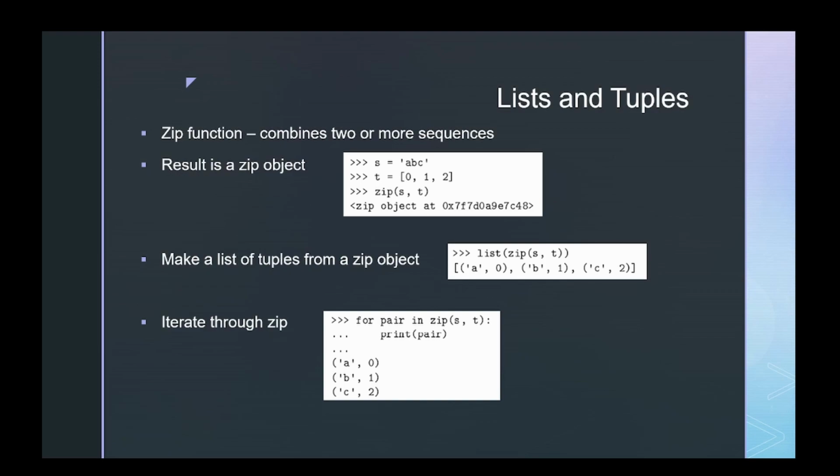So it will take the first pair, which is a and 0, and then print b 1 and c 2. So it's just going to march down this zip and give me each corresponding pair that goes with it. So here I've got s is a list and t is a tuple. So remember, I can do two or more of any type sequence. They don't have to be the same.